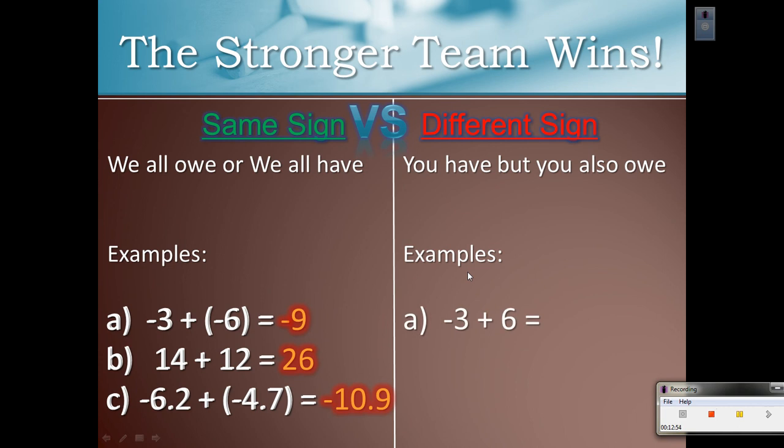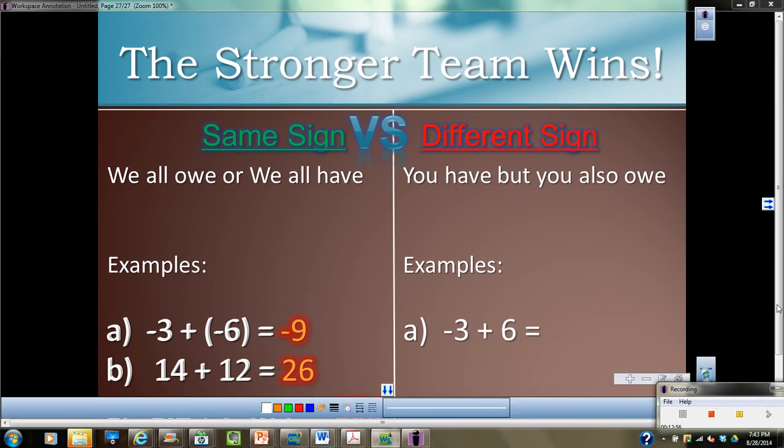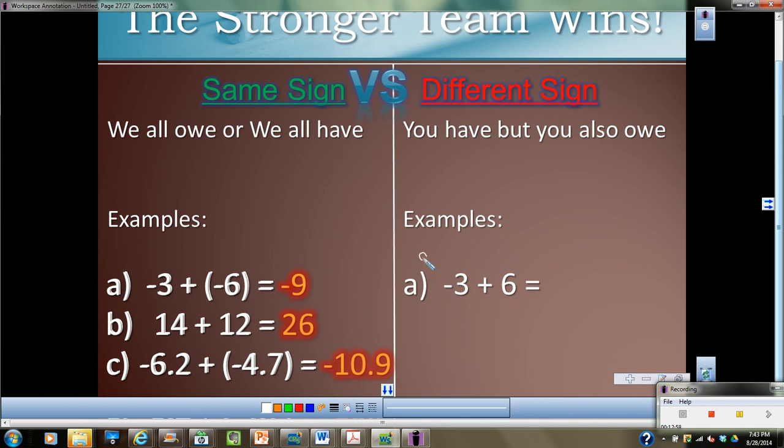Negative 3 plus 6. So negative 3 means I owe $3. 6 means I have $6. So think about it. If you have $6 and you owe a friend $3, once you pay them back, will you have money left over? Yes. How much will you have left over?